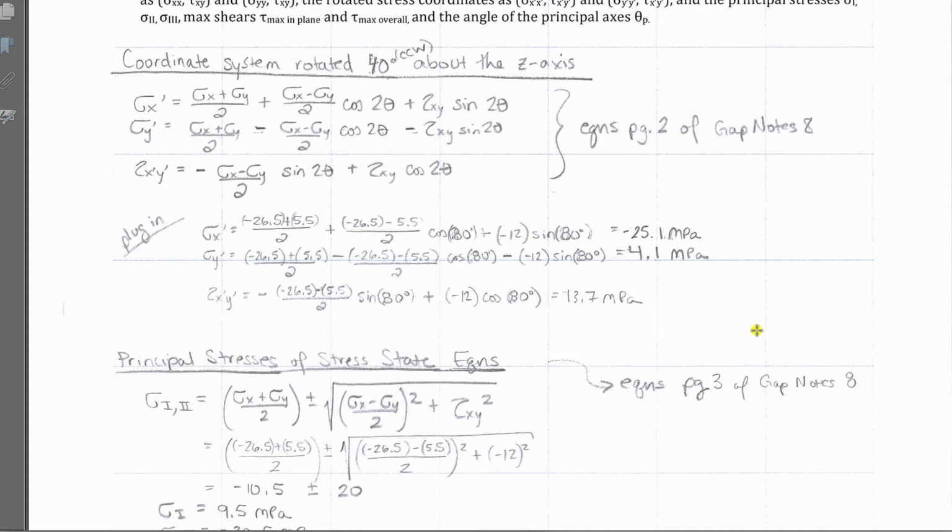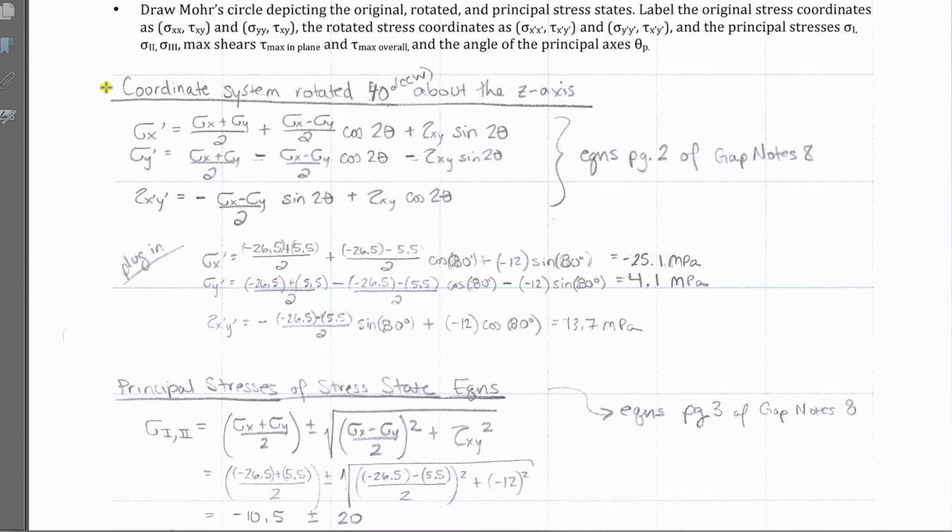So here we're going to use the coordinate rotation equations that are on page 2 of your gap notes, and all that we need to do is plug in sigma x, sigma y, tau xy, and our 40 degrees for theta, which makes 2 theta be 80 degrees.